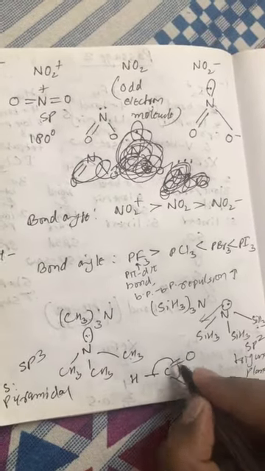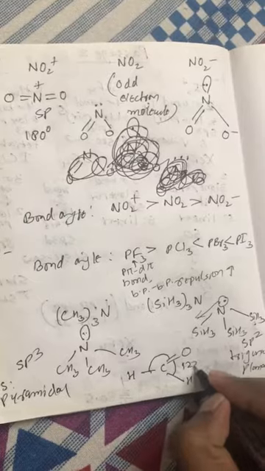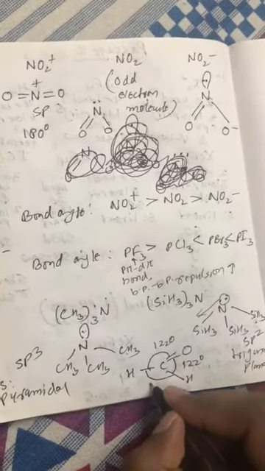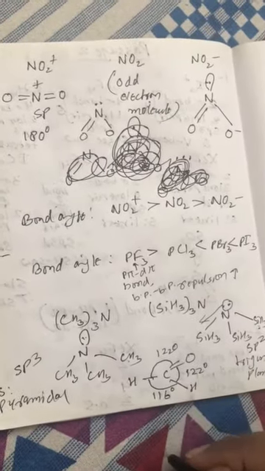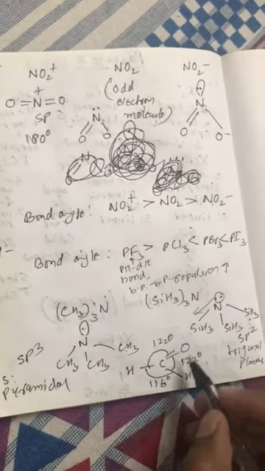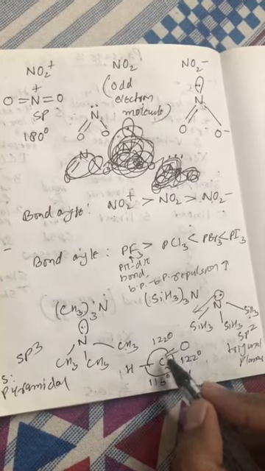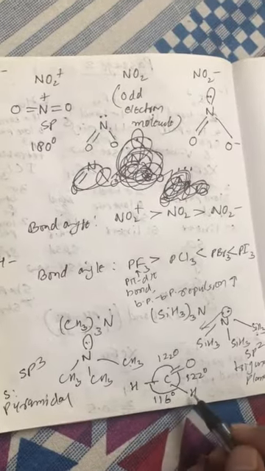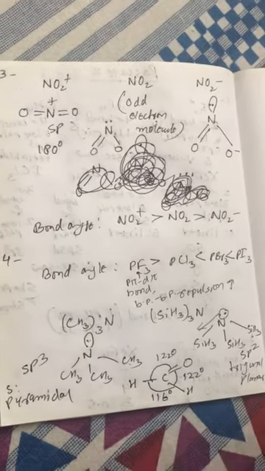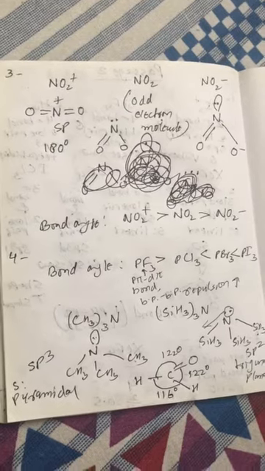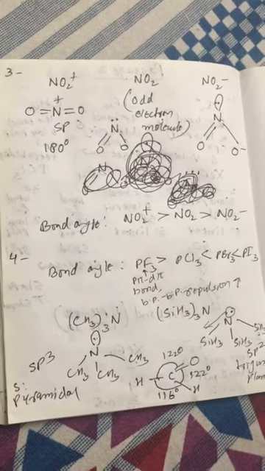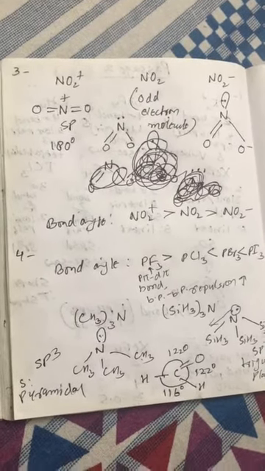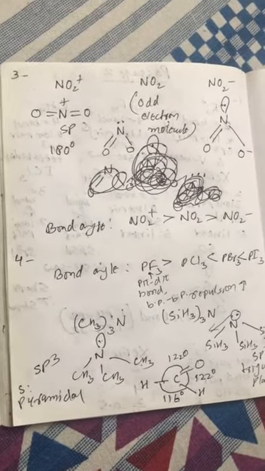Okay, so both of these bond angle will be of 122 degree, and this bond angle will be of 116 degree. So here double bond and single bond repulsion will be greater than single bond repulsion. And PCl5 molecule is superoctet molecule, or we can say in the case of PCl5 octet is expanded because of presence of d orbital.